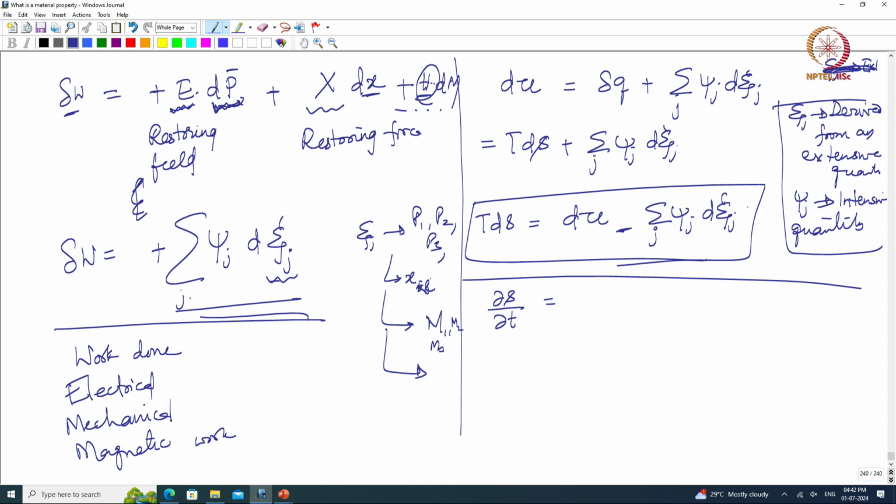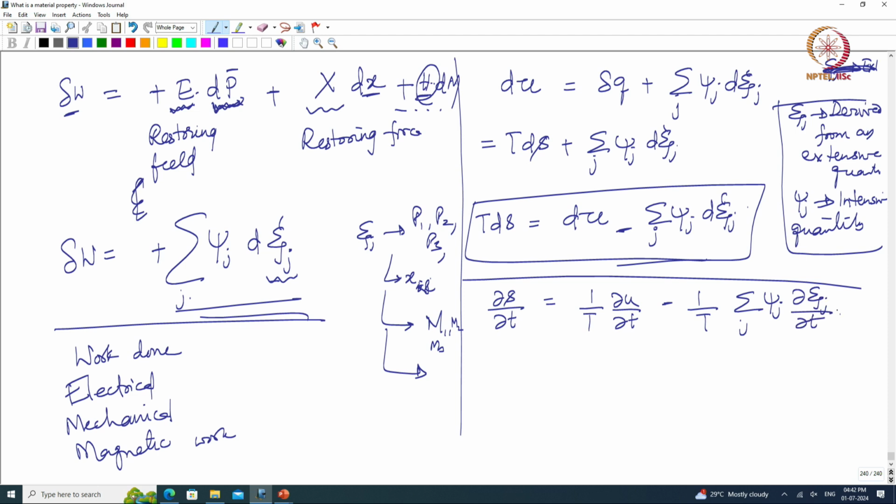So, I want to look at what is entropy generation, right. So, now that will be 1 by t dou u by dou t, that is all right. Okay. So, minus 1 by t sigma j psi j dou this E by dou t.